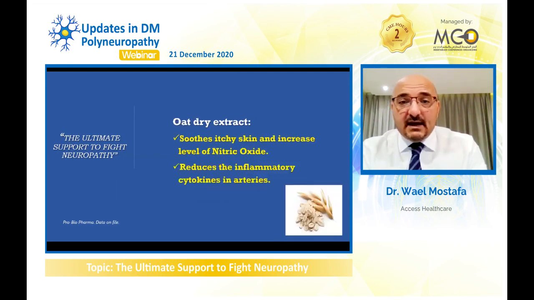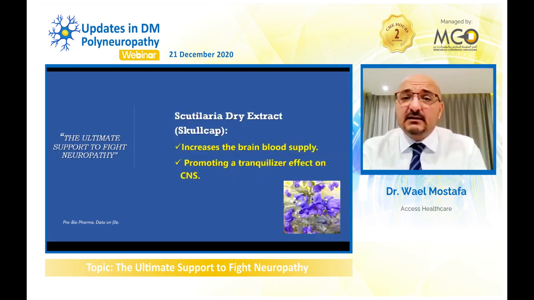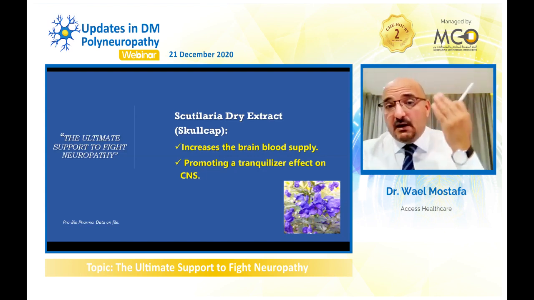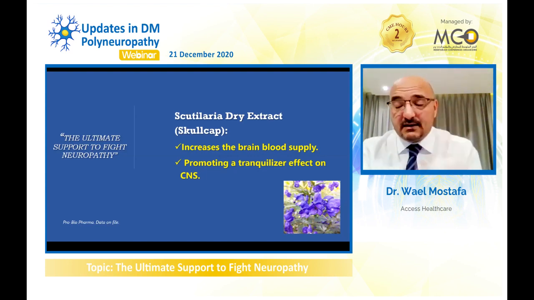Oat dry extract soothes itchy skin, increases the level of nitric oxide, and reduces inflammatory cytokines in the arteries. And Scutellaria dry extract, known as skullcap, as you see in the picture, increases the brain blood supply and promotes a tranquilizing effect on the CNS, which has a big effect on relieving neuropathic pain.